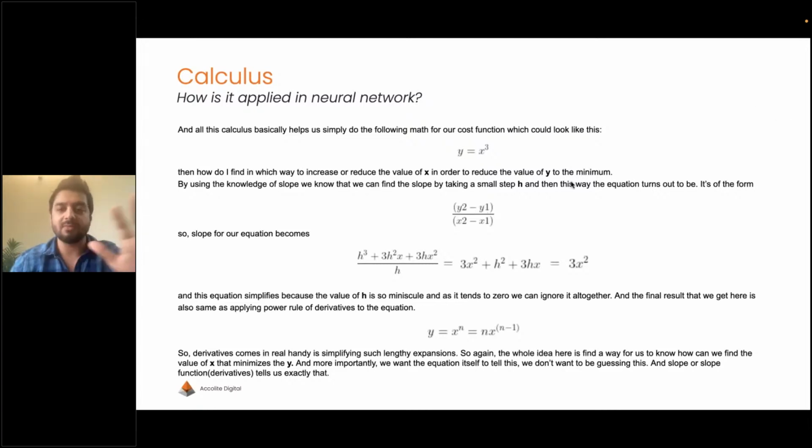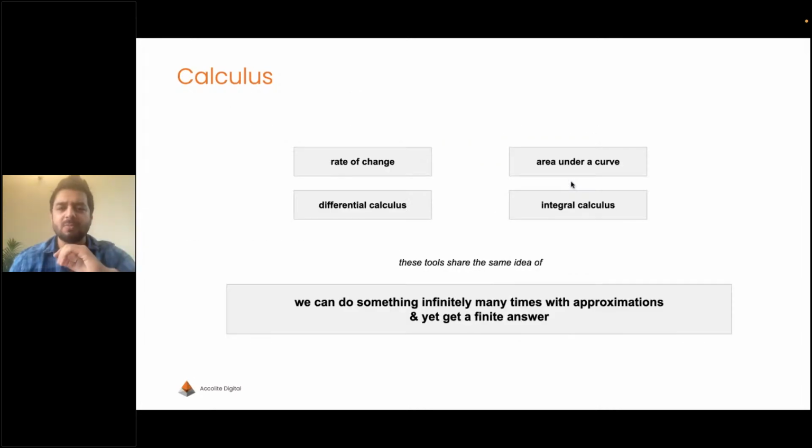I've put in some equations, but this is just to bring out the curiosity of why you need calculus here. Calculus is going to be another series altogether, so I'm not going to take a lot of time here. Something to keep in mind is that rate of change is where differential calculus comes into the picture, where you're finding derivatives, and area under a curve is where integral calculus comes into the picture.